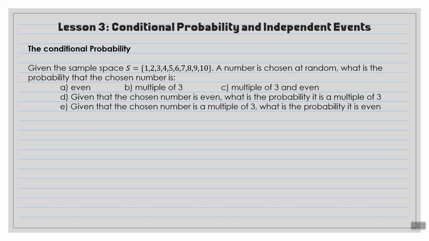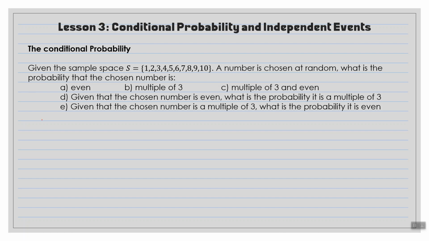What is the probability that the chosen number is A, even, B, multiple of 3, C, multiple of 3 and even, D, given that the chosen number is even, what is the probability it's a multiple of 3, E, given that the chosen number is a multiple of 3, what's the probability it is even? Okay, so let's investigate this question together and see what techniques we follow in order to solve such problems.